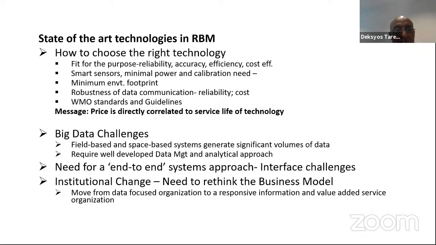The other challenge is the big data challenge. This satellite-based data generates huge volumes of data, and to store and analyze such data might be a challenge.